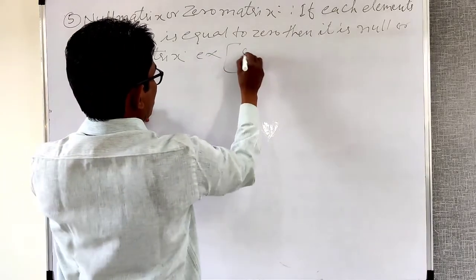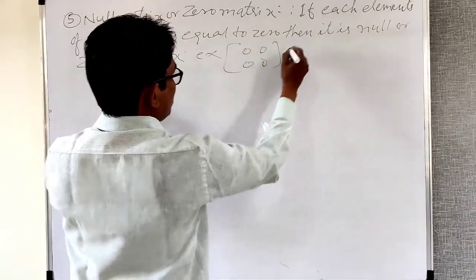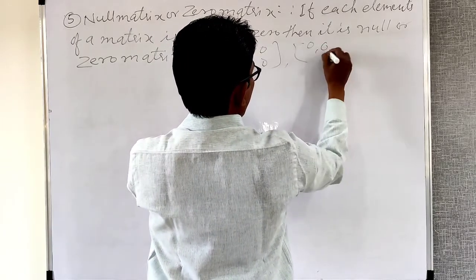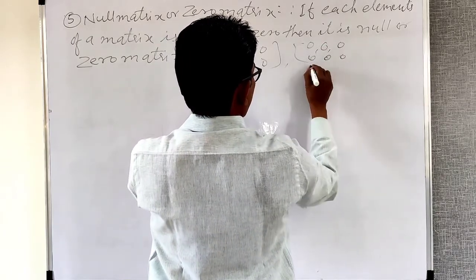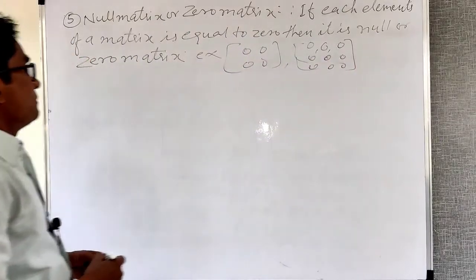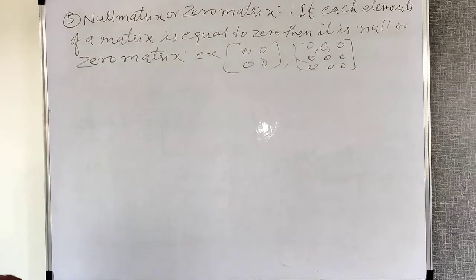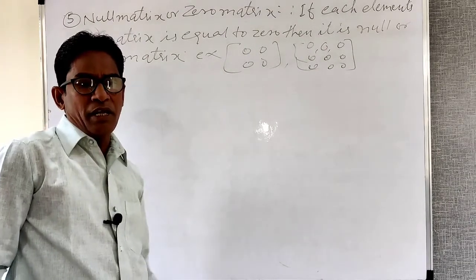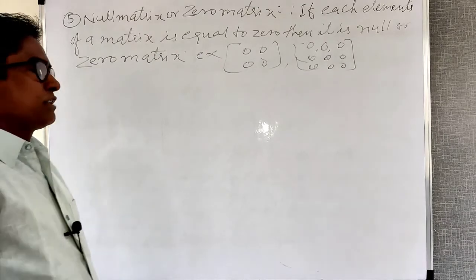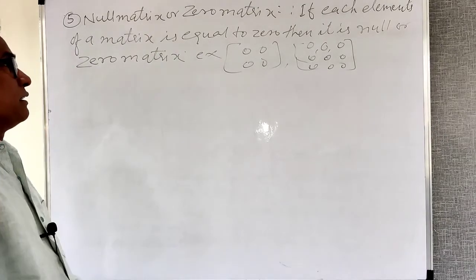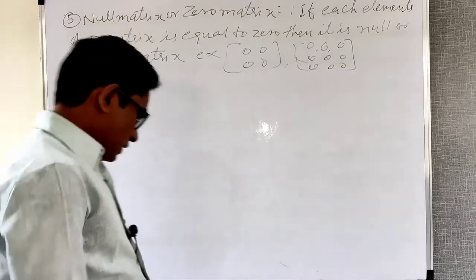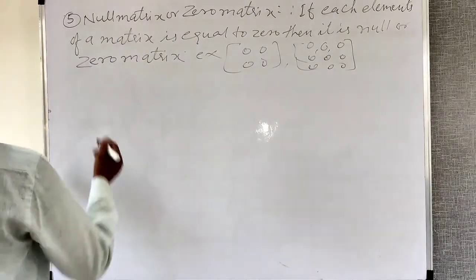Example: 0 0, 0 0, and 0 0 0, 0 0 0, 0 0 0. So a null matrix or zero matrix means every element of a matrix is equal to 0. Then we can say that the matrix is a null matrix or zero matrix.